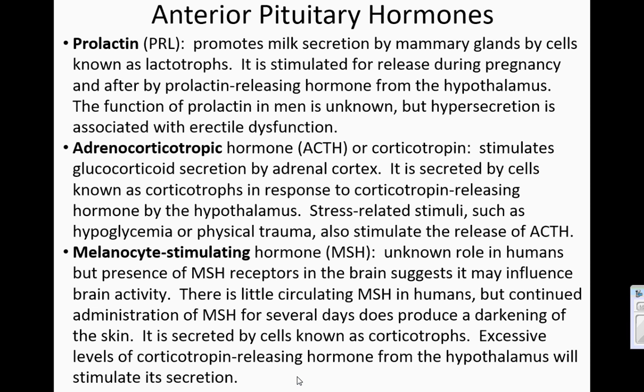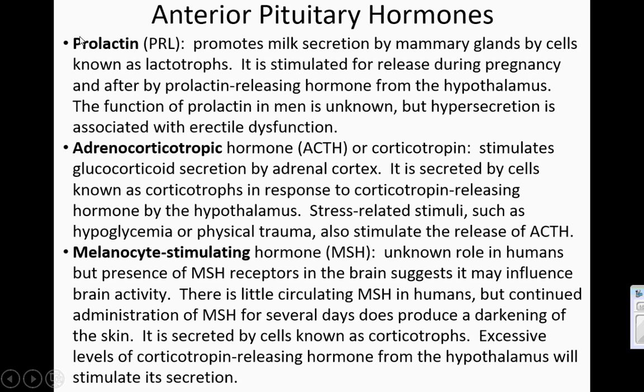Now, that first sentence there, promotes milk secretion by mammary glands by cells known as lactotrophs, is worded poorly on my part. Lactotrophs are not the cells that produce the milk and secrete it, or not the mammary glands. Lactotrophs are the cells in the anterior pituitary that release prolactin, that stimulates those glands to produce the milk.